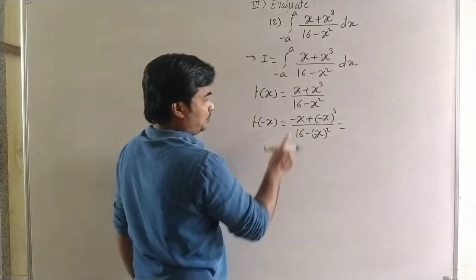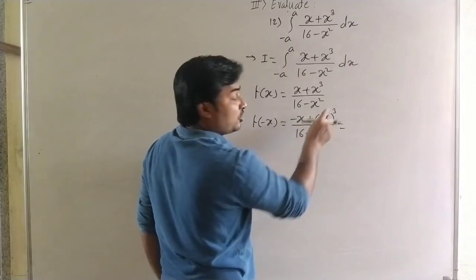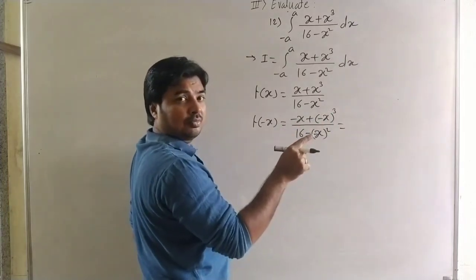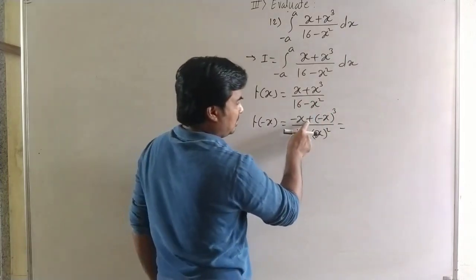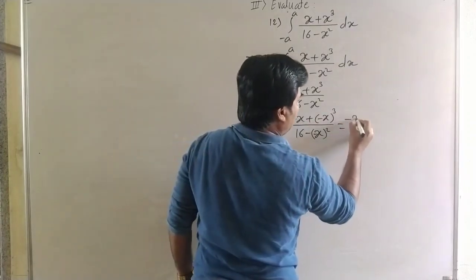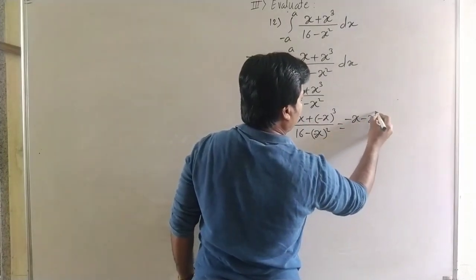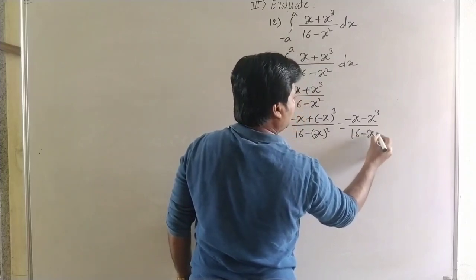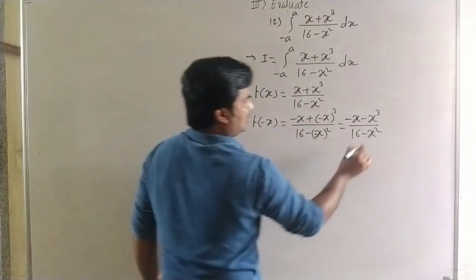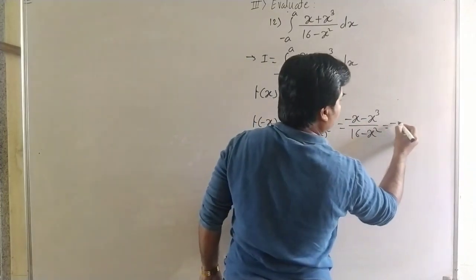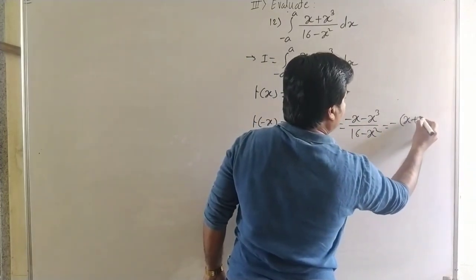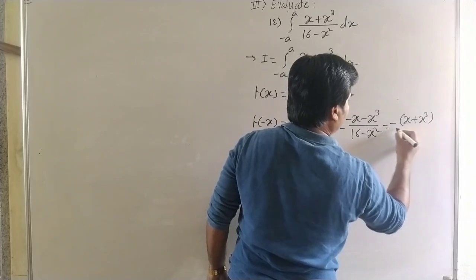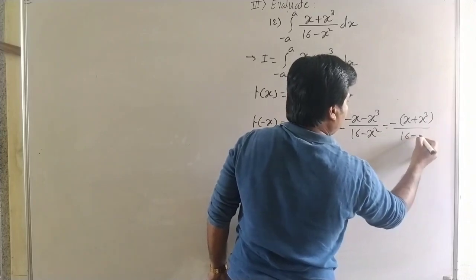Then see carefully, here it is minus x, and minus x cube means minus x cube. That means this plus becomes minus. Then it is minus x cube upon 16 minus x square, it is plus x square, and then take minus common. We can write minus of x plus x cube upon 16 minus x square.